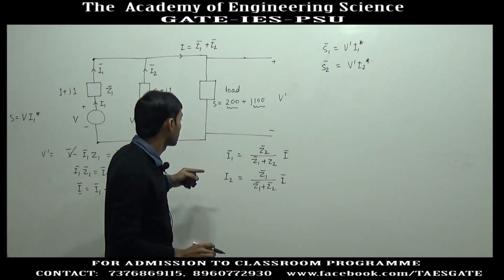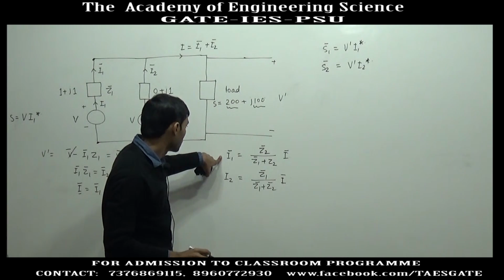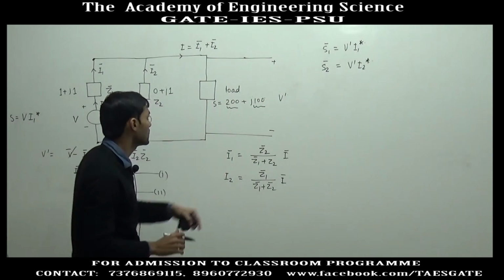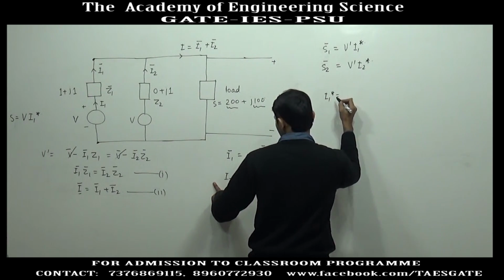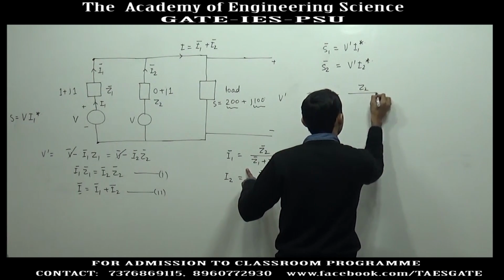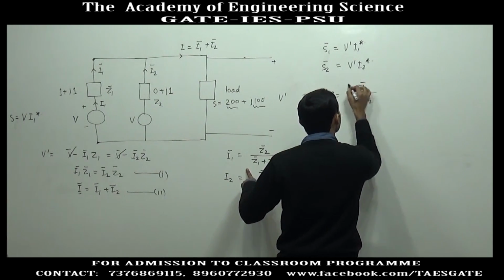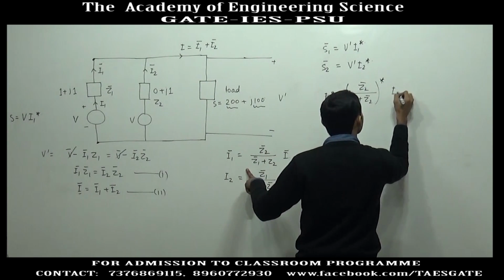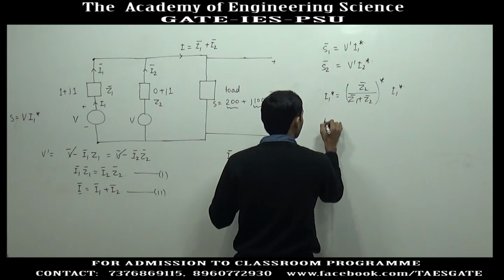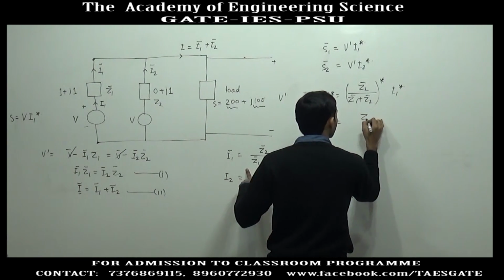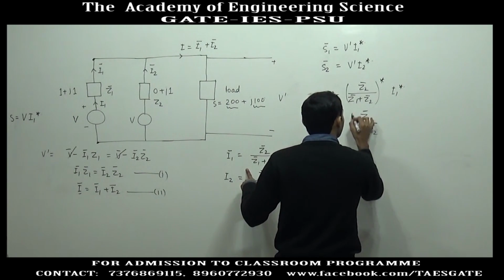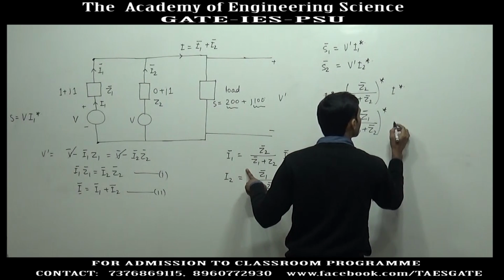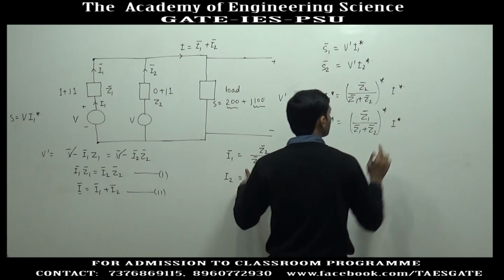So, we take the complex conjugate on both sides of both equations. From here we get I1 star equal to Z2 divided by Z1 plus Z2 star into I star, and I2 star equal to Z1 divided by Z1 plus Z2 star into I star.